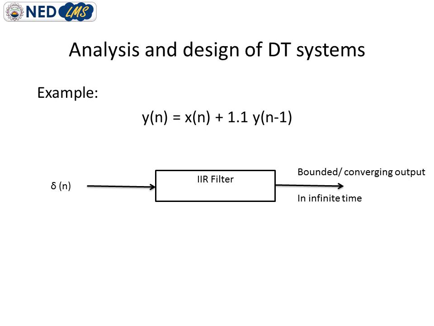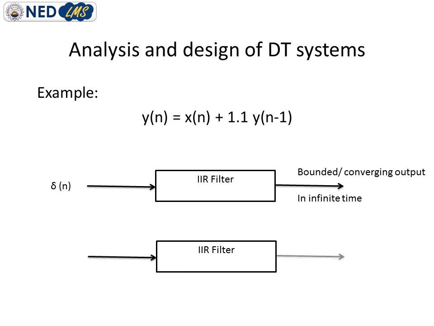So we can have bounded or converging output from an infinite impulse response filter. But there is also another case in which the same filter is used, but the response of the filter to a certain input is unbounded or diverging in nature. So these two are the possibilities of an IIR system: it can produce bounded output or unbounded output.